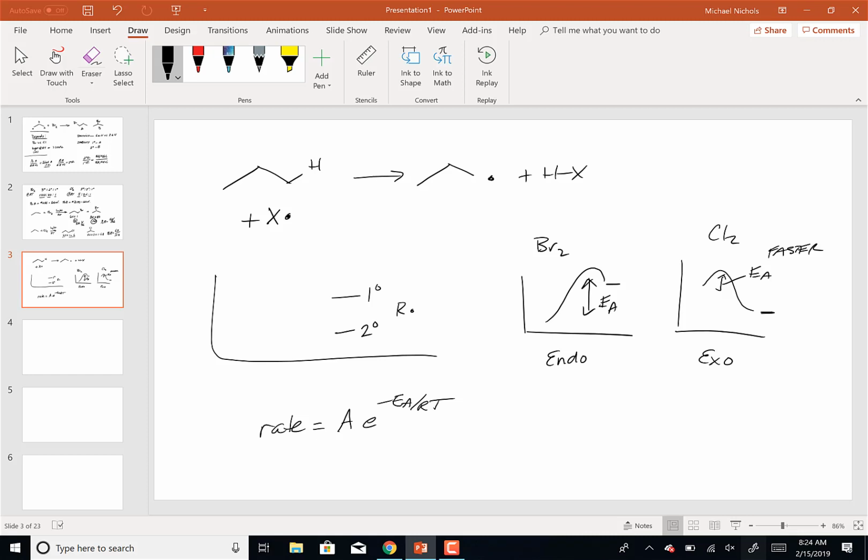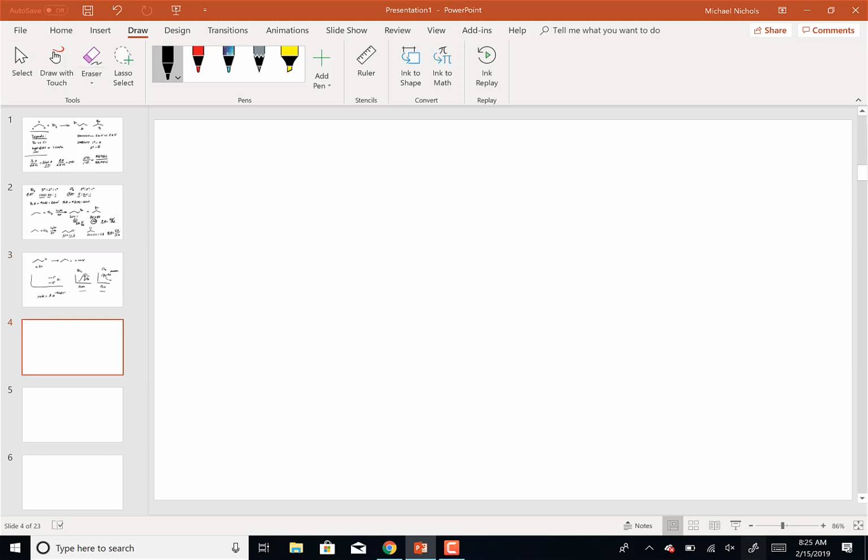I didn't really get at the why: why is forming a secondary radical faster, or why are the relative rates closer in chlorination and farther apart in bromination? Okay, I haven't gotten to that question yet. In order for me to get to that question, I now have to look at these diagrams in more detail.